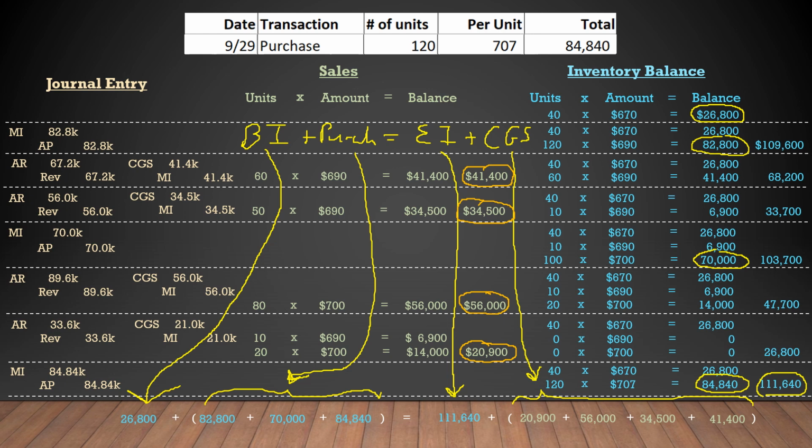Sum these 2 sides of the equation and you'll get $264,440 equal to $264,440. Again, while it's not an absolute guarantee that everything was recorded correctly, it's a good sanity check to ensure we can be confident in our results.